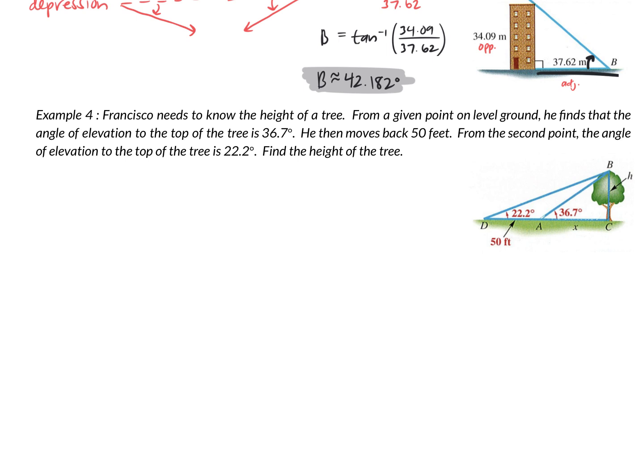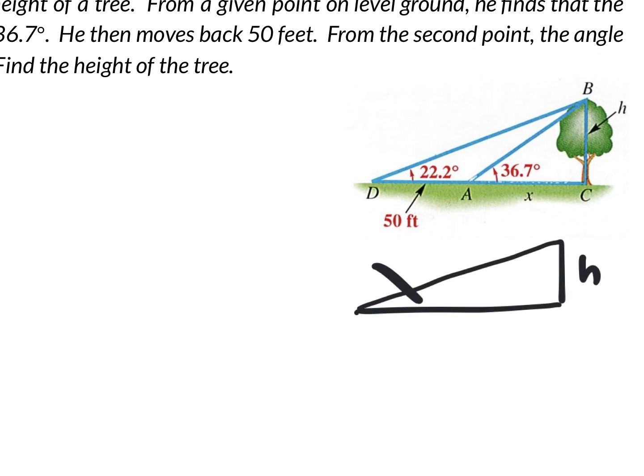Okay, so I'm going to draw both of these triangles out separately. I've got this big triangle, and that big triangle has a side length here of h, and this is 22.2. And what would this long side be on the bottom there? Yeah, 50 feet plus x, right? Or I'm just going to label it as x plus 50.